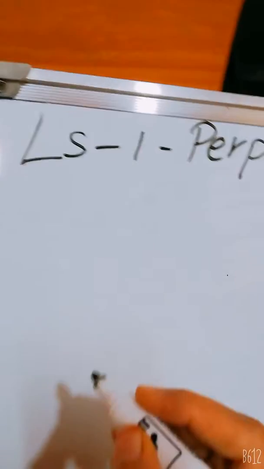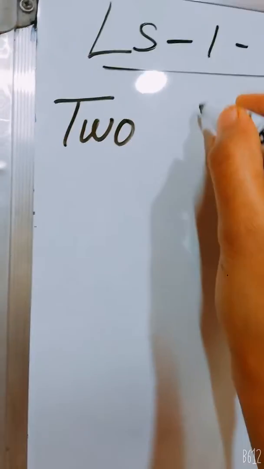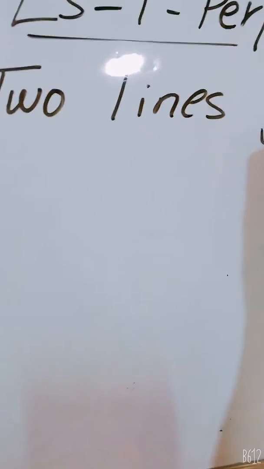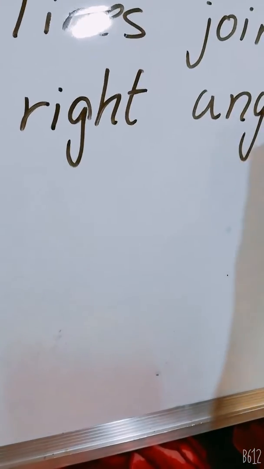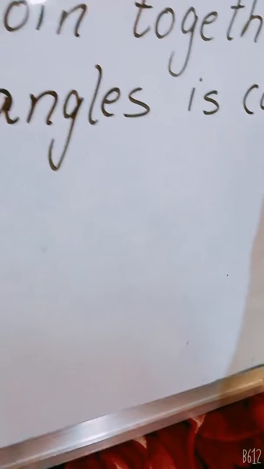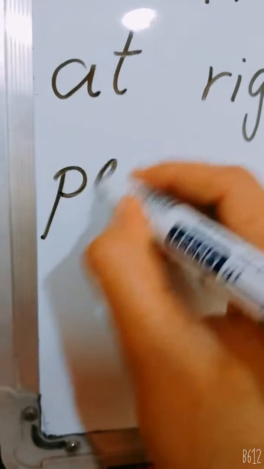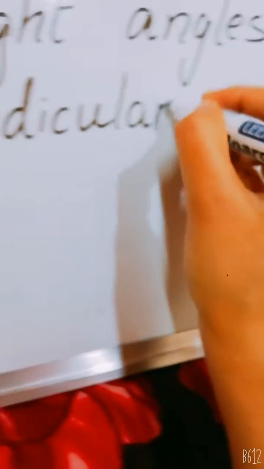When two lines join together at right angles, it is called perpendicular lines.